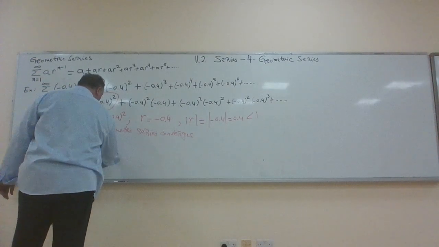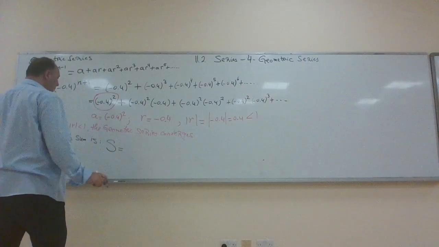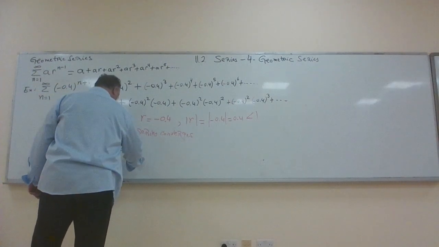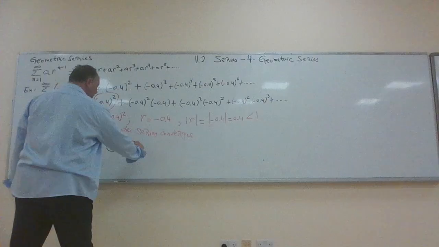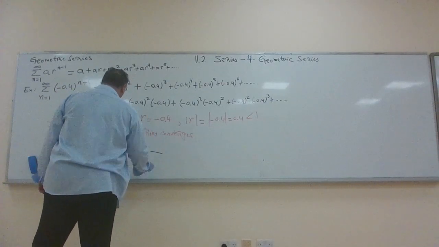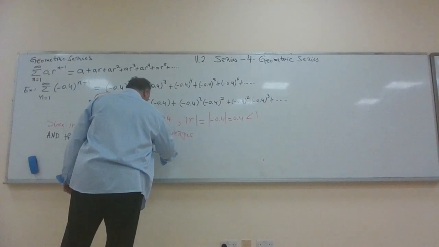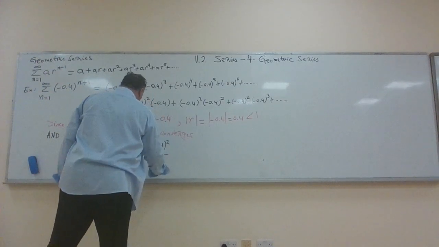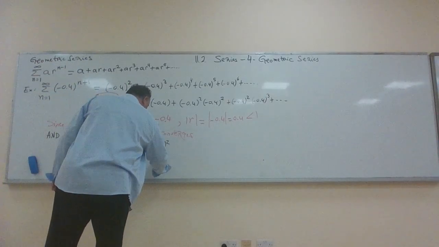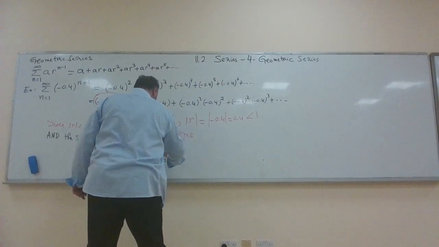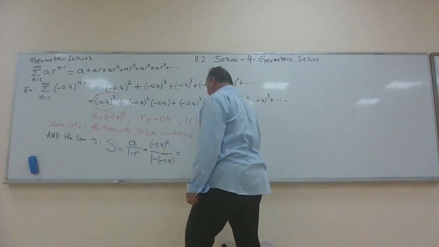So the sum is given by the expression A over 1 minus R. So now we plug A. Oops. A is this here. Then 1 minus R is negative 0.4. So I write everything once properly.